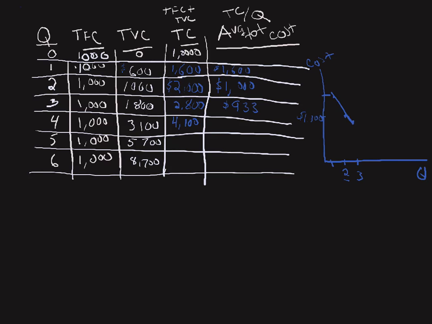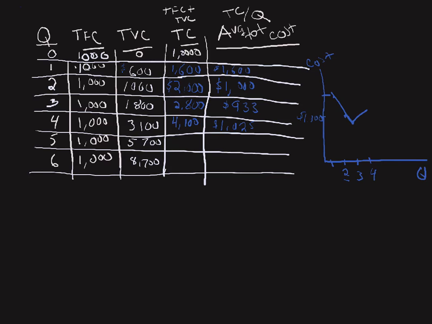Why did it go from 800 to 1,300? It went from 800 more variable cost to 1,300 more variable cost because we had decreasing marginal returns. Anyway, our new average total cost ends up being $1,025. Uh-oh. Our average total cost has gone up. So for the fourth unit, our average total cost is somewhere like here, and it starts to go up in this direction.